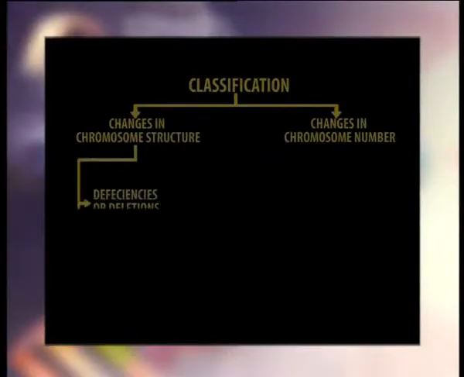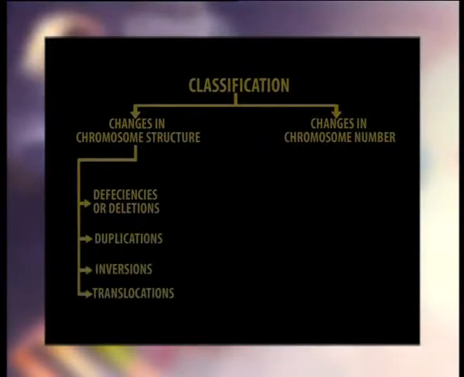Structural chromosomal alterations involve parts of individual chromosomes rather than whole chromosomes or sets of chromosomes. There are four common types of structural chromosomal alterations, that is, deletions, duplications, inversions, and translocations.